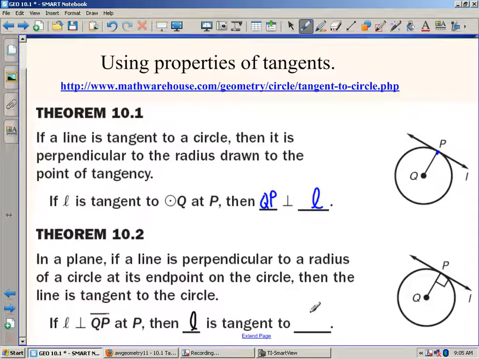We use this little circle with a dot to represent circle Q. So these two theorems are reverses of one another. The first one says if a line is tangent to the circle at point P, then the radius is perpendicular to L. This one is saying the radius is already perpendicular to L, so we know the line is tangent to the circle. It just gives us some license to do some things with the circles and gives us more information about the circles. So here's an example of where this might come in handy.